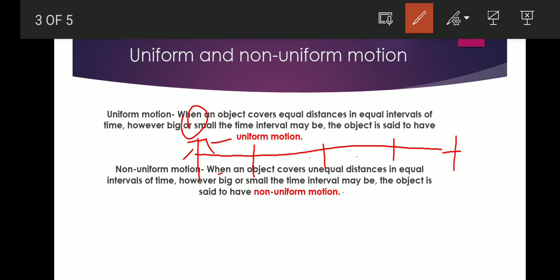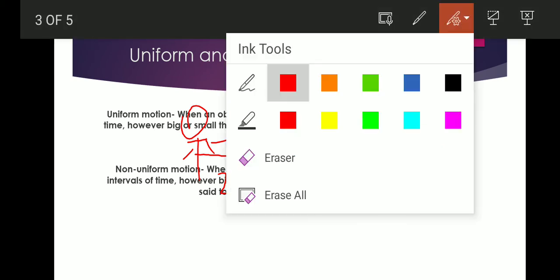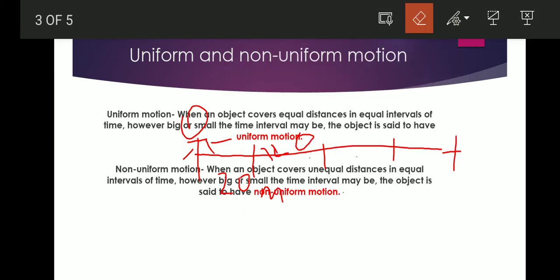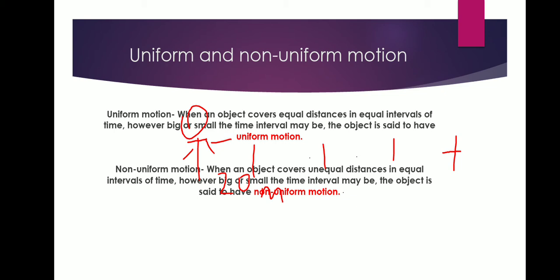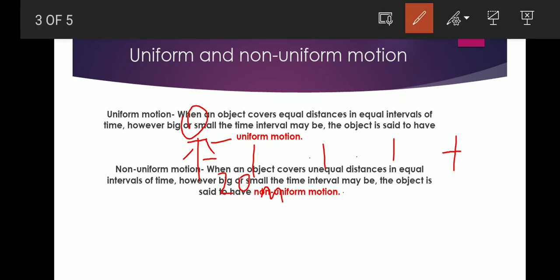Let's say this is 20 meter, and this also 20 meter, this also 20 meter, this also 20.